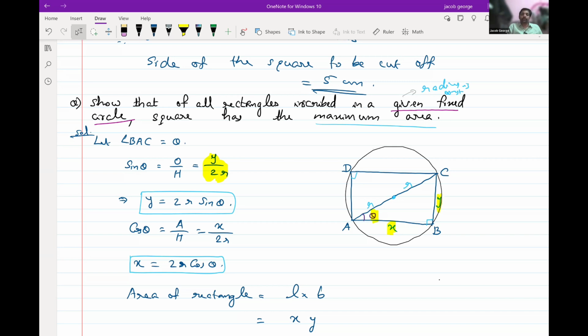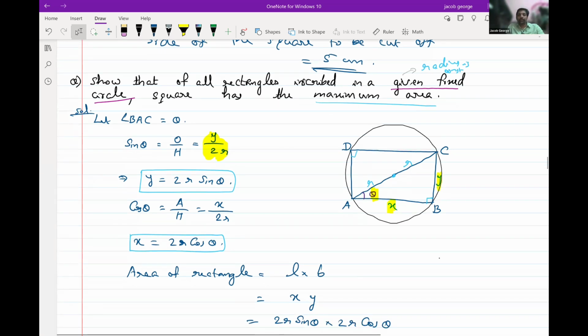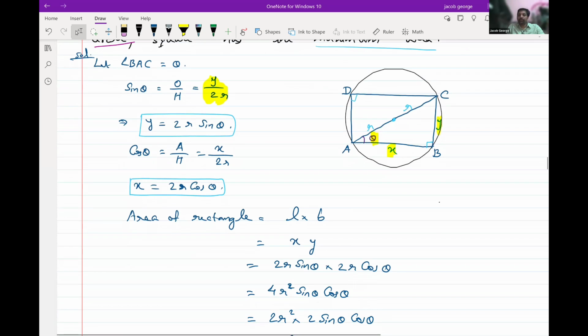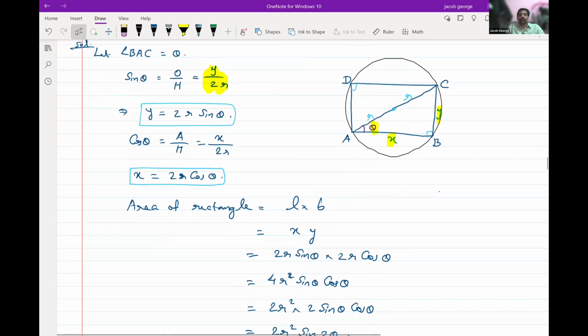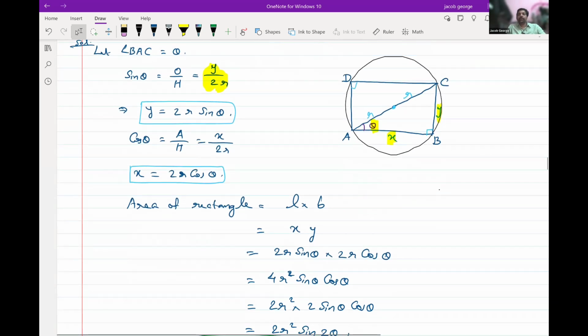Then we substitute X and Y. X is 2R cos theta and Y is 2R sin theta. So we get like this, 4R square sin theta cos theta, which means 2R square into 2 sin theta cos theta.